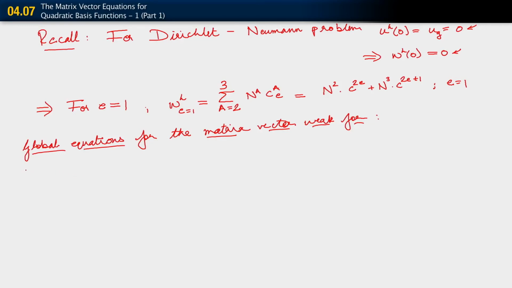We have here c_2e, c_2e+1. This is for e equals 1. In fact, let me explicitly use the fact that e equals 1 here. When I do that, c_2e becomes c_2, and c_2e+1 becomes c_3.